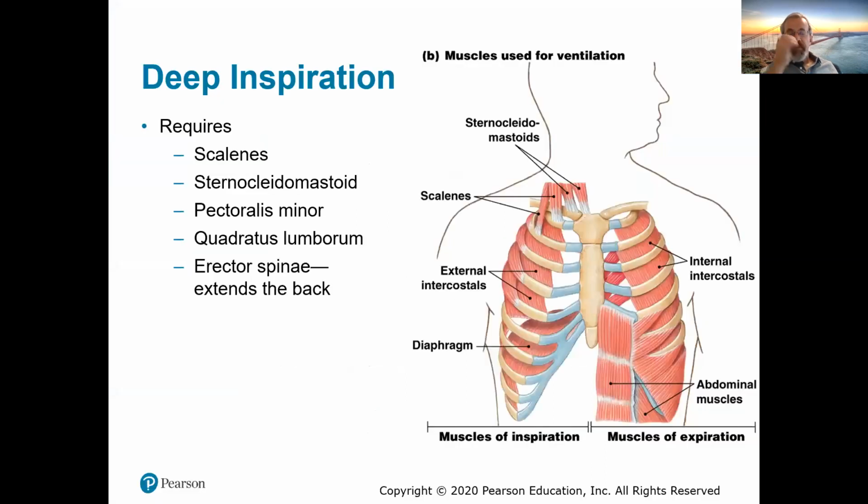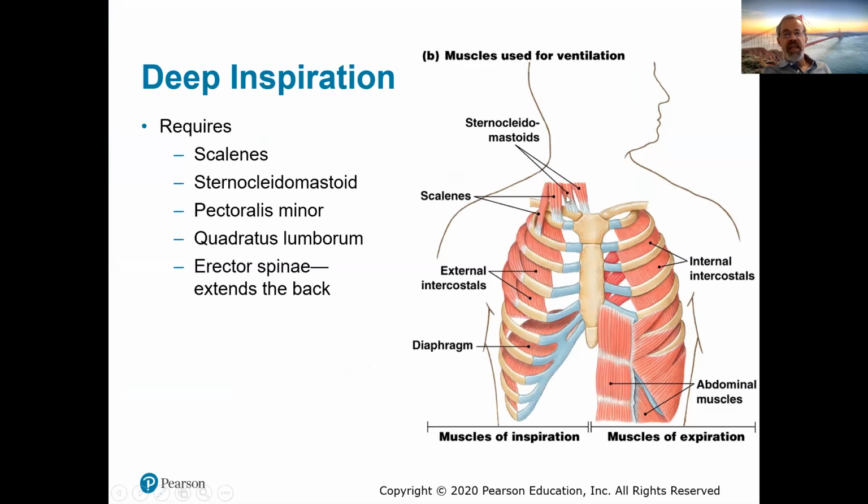All right. Now, what about deep breathing? Well, deep breathing is a whole other beast. In addition to the muscles I mentioned previously, the diaphragm and the external intercostals, you can imagine with deep breathing, we want to bring in even more air. So it makes sense, we want to increase the volume of the thoracic cavity even more. So we have to recruit many muscles.